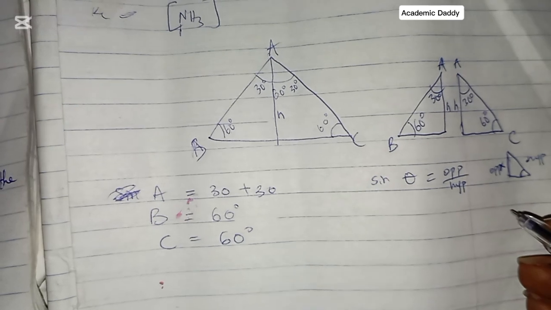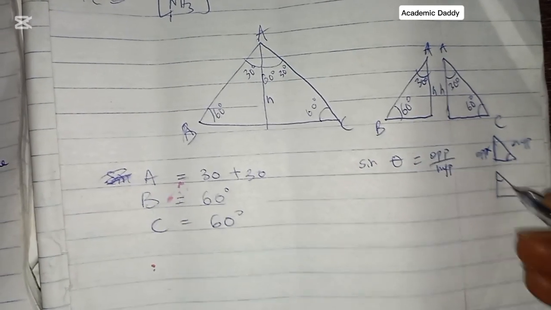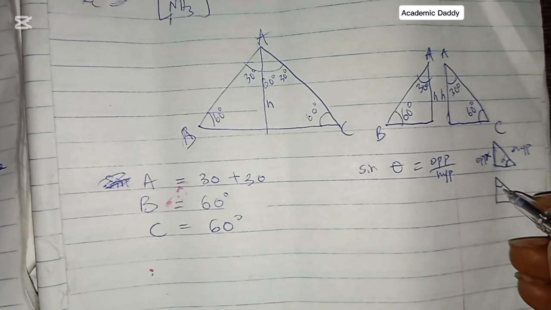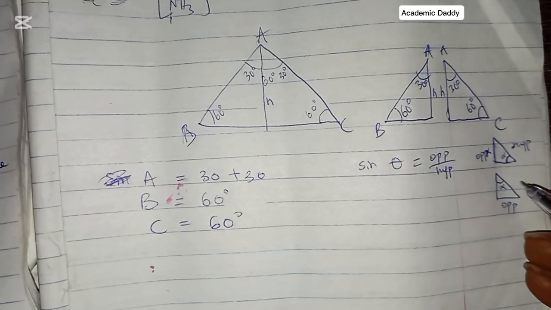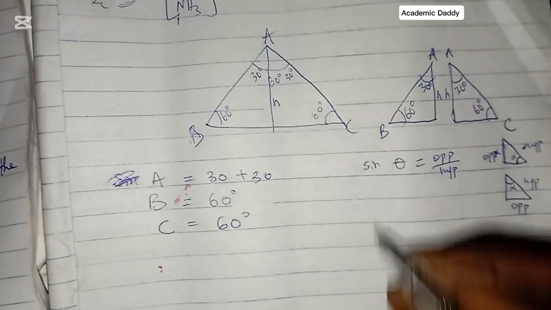If I have an angle this way, let's call this alpha, this side becomes the opposite and this side becomes the hypotenuse. So the side facing the angle is always the opposite.